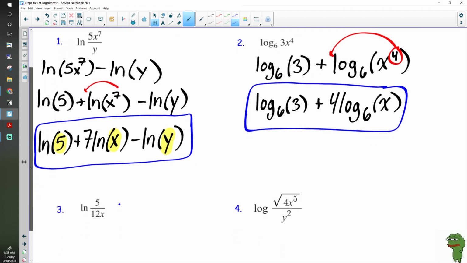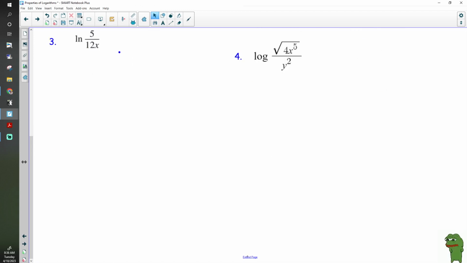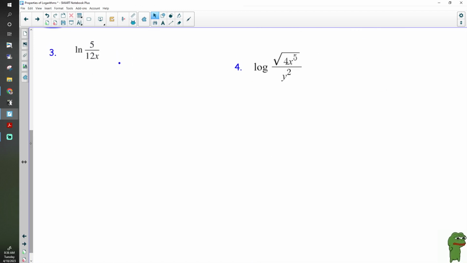Okay, 1 more for expanding. We're not going to do number 4. Number 3. Number 3 is an ln. That's a special type, that natural log.